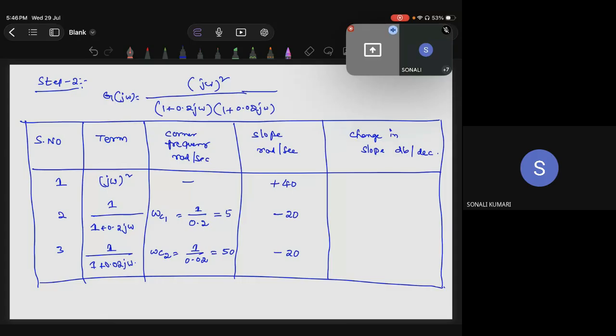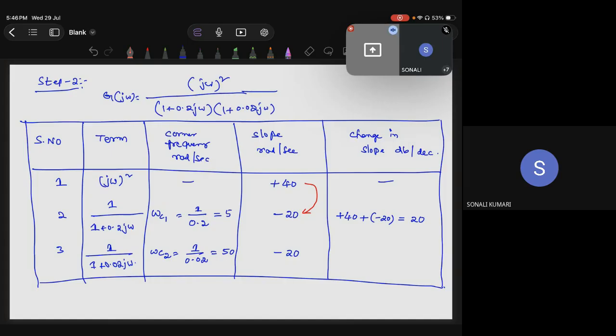Now slope change. Since we are coming from somewhere to this zero, we cannot define the slope change here for the first one. For the second one, we want to see what the slope change is from here to here. For that we take plus 40, then we add this minus 20, so it will be 20. Is this clear? Any doubt? From the previous step to this step, what is the slope change?